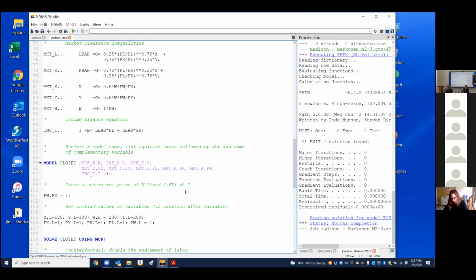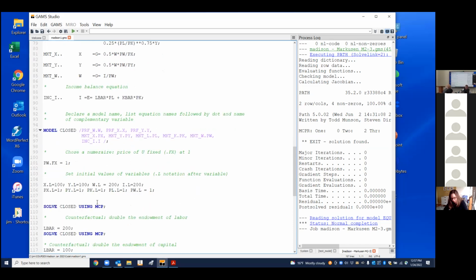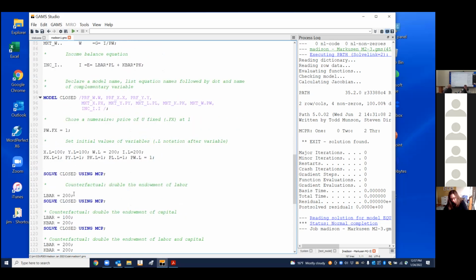Okay, so these are the starting values that I think are the equilibrium values for the 9 variables. Then I say solve the model. I called it closed economy using MCP.